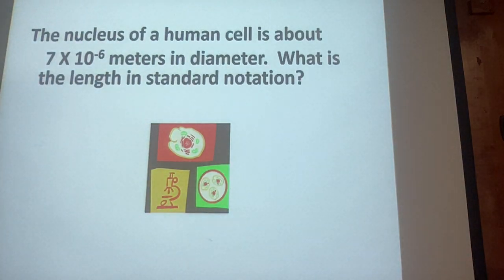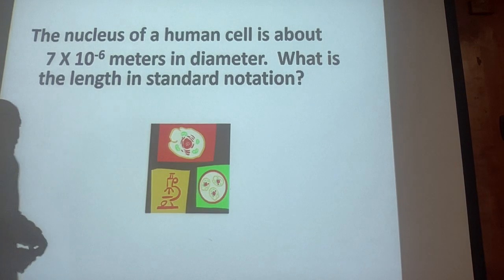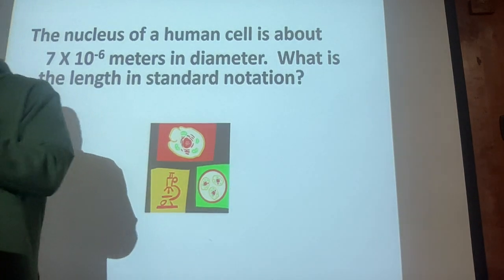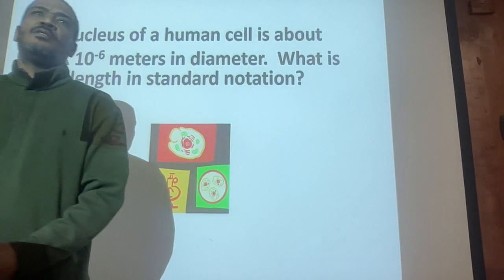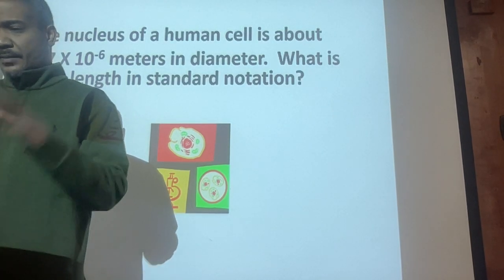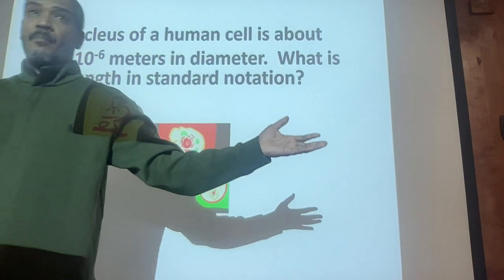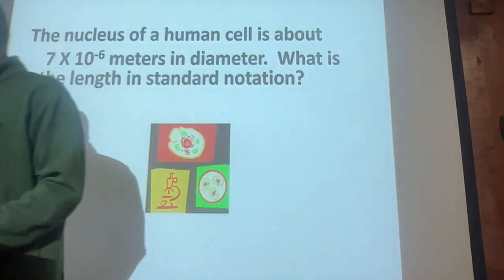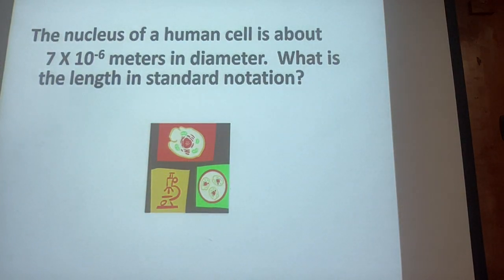That's how big the nucleus of a human cell is. Now, like I said, we go down much further than that in nuclear physics, because we're talking about subatomic particles, like the particles that cause the atom bomb and stuff like that. So they go down even smaller than that.